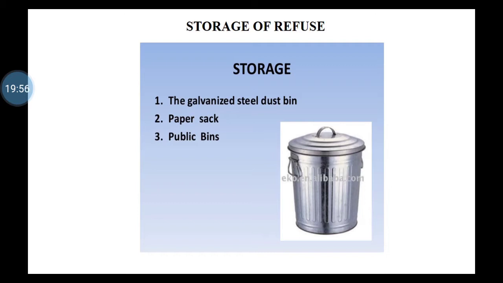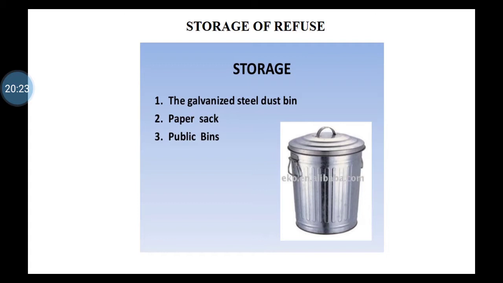So here the storage of refuse is also very important. Household refuse should be stored in sanitary dustbins. In the figure on the slide you can see the galvanized steel dustbin. Plastic dustbins are also used at home. A sanitary dustbin must be made of tough material, and it must have a cover.